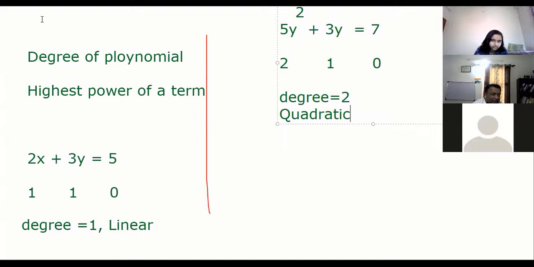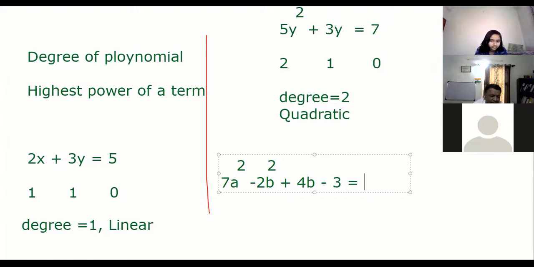If I write 7a cube minus 2b squared plus 4b minus 3 equal to 0, tell me, Shlesha, what is the power of the first term? 3.